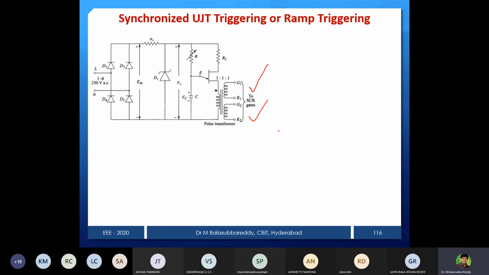If I split the secondary into 4, then whatever pulse is present in the primary is automatically induced in the secondaries, so 4 pulses will be generated. Each pulse can be connected to one SCR. That way we can easily generate 4 or 5 firing pulses, and trigger all SCRs at the same time using only one circuit. That is the advantage.